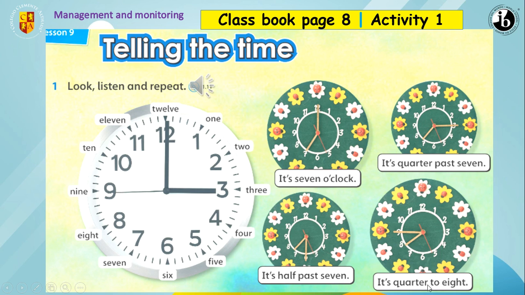And here, it's 7:45 because it means that there are 15 minutes till 8. Okay, so 15 minutes to be 8 o'clock. It's 7:45. Okay, it's not 8 yet.